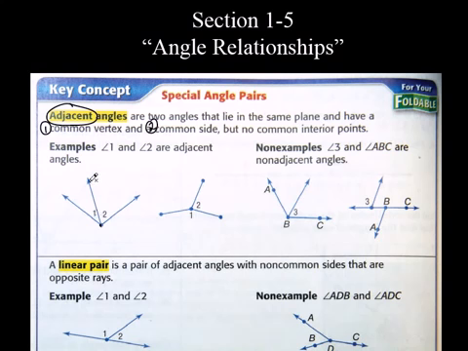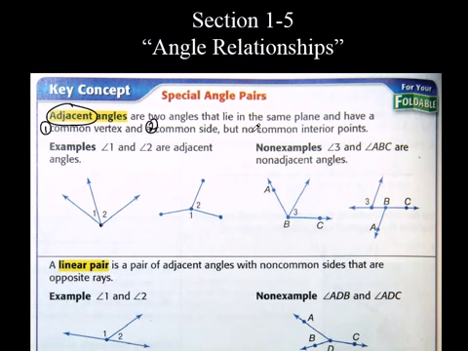Angle 1 has this side right here, that's a ray, and it's also one of the sides of angle 2. So both of these angles have this ray in the middle as a common side. So number 1, that's true, and number 2, common side, yep, that's true.